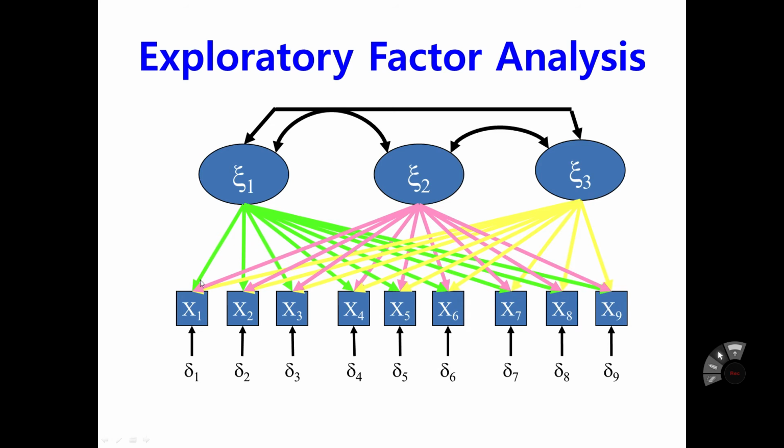So among those 9 variables, we would like to see the factors, unobserved latent variables. In this example, 3 unobserved latent variables are extracted out of the information from 9 observed variables.